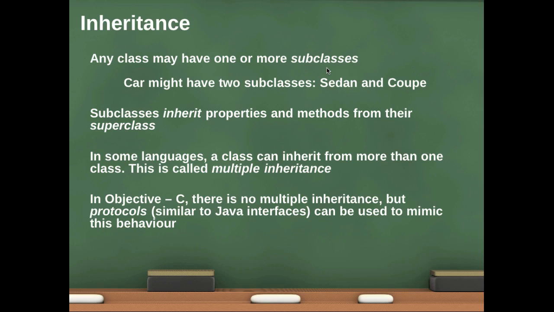Classes can also inherit from one another. The way this works is that any class can have one or more children, or one or more subclasses. So these are classes, but they're subclasses of the primary class. For example, car might have two subclasses, a sedan and a coupe. It could have more.